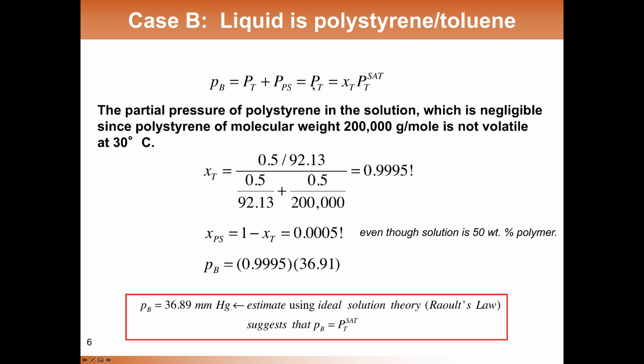And if we follow the same pathway as we did on the previous slide, and that is set the partial pressure of toluene equal to its mole fraction in the liquid phase times its vapor pressure, then we can calculate the total pressure above that mixture.